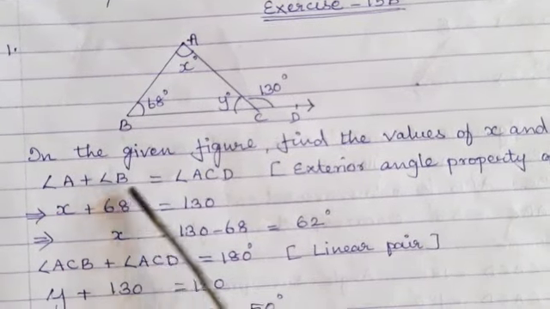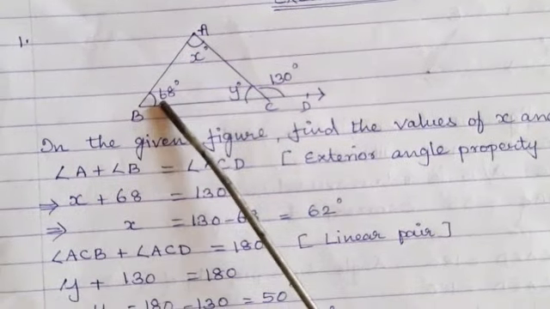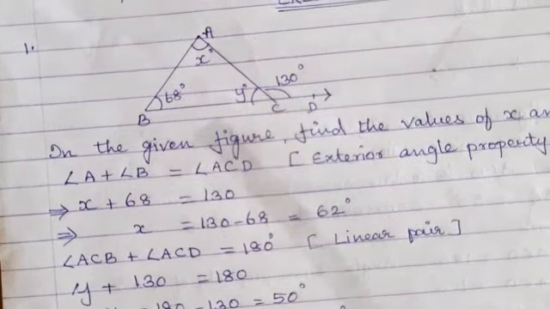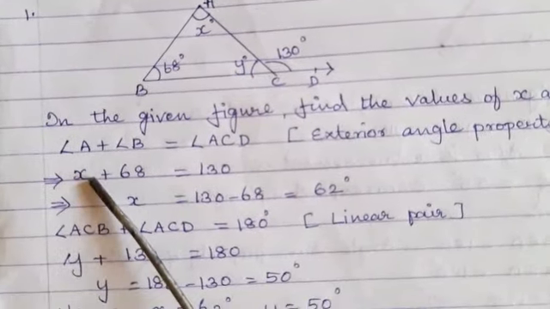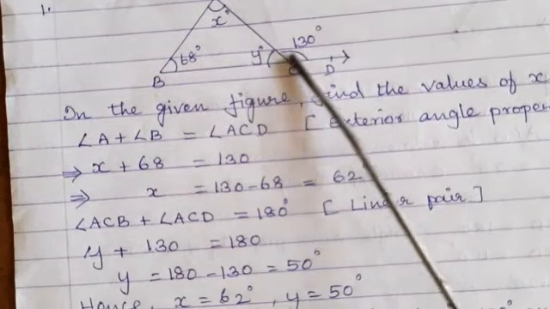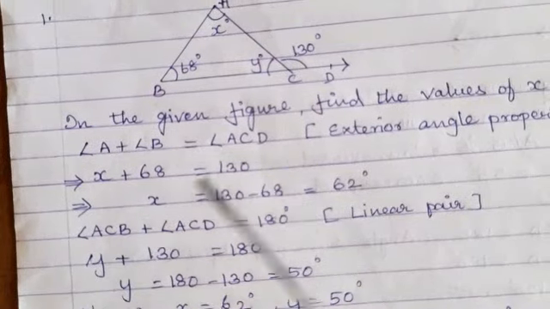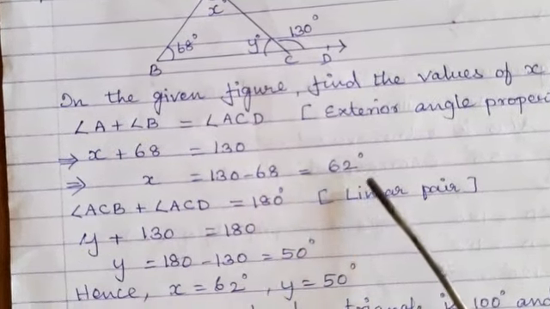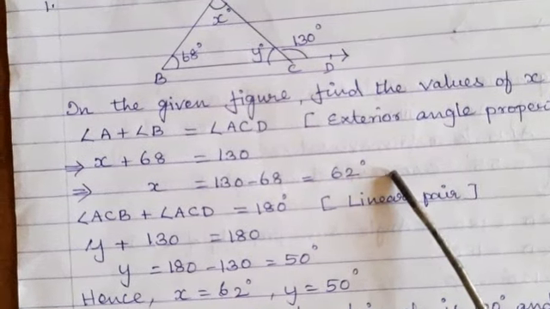You know the exterior angle property: angle A plus angle B is equal to angle ACD, that is the exterior angle. So angle A is given, that is x degree, plus angle B is given 68 degree, equal to ACD, the exterior angle, 130 degree. So therefore x is equal to 130 minus 68, that is equal to 62 degree.